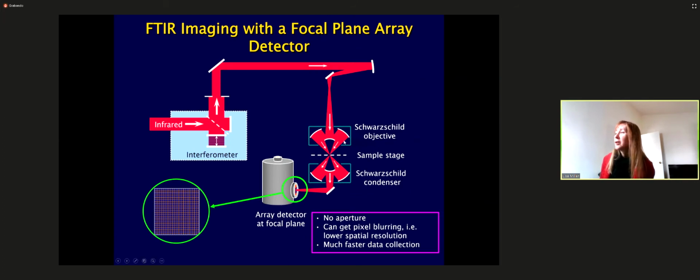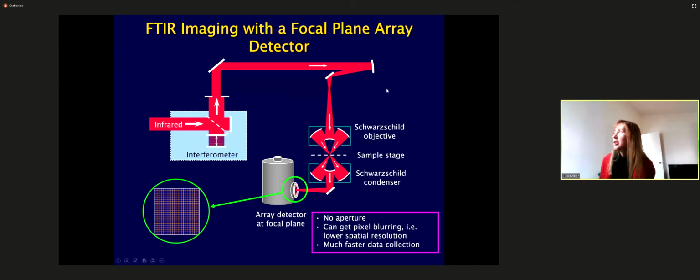All right. So there are 2 types of infrared microscopes out there. There are microscopes where you can actually point and shoot onto the sample, or microscopes where you can actually get it using a pixel array detector.